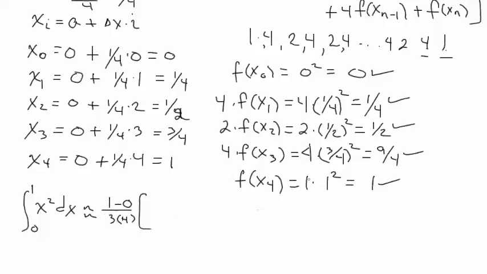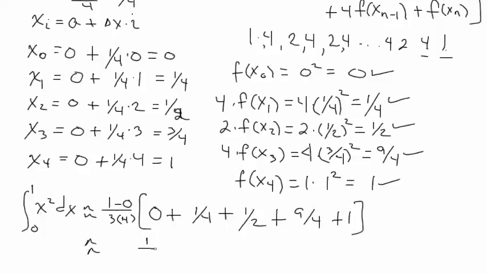So we've got that first one, which is 0, plus 4 times f of x1, which is 1/4, plus 2 times f of x2, which is a half, and then plus 9/4 plus 1. So this is going to end up turning out to be 1/3.